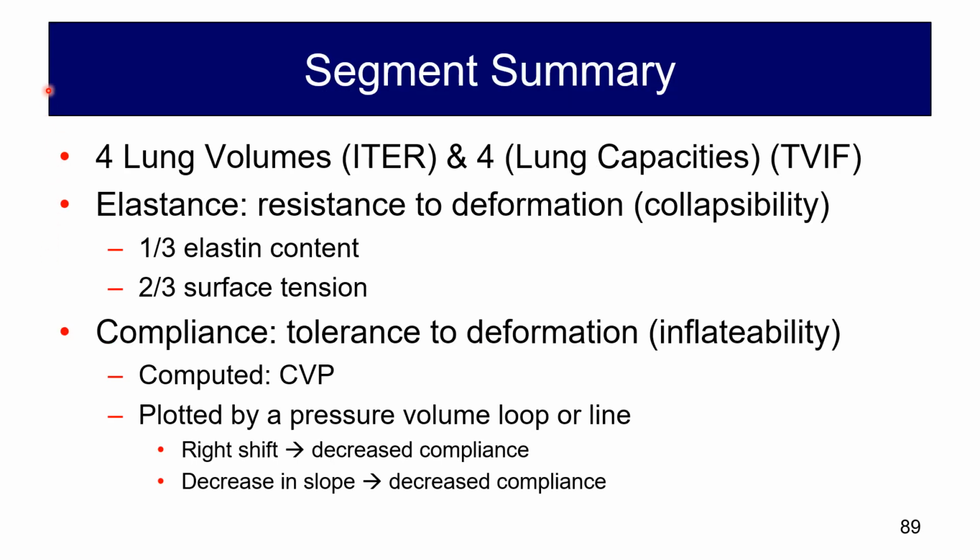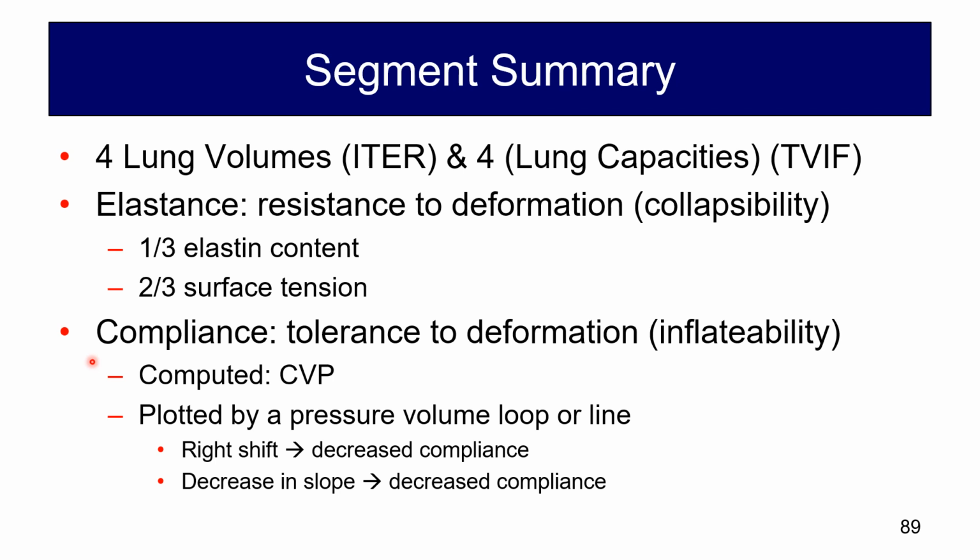So let us summarize things at this point. There are four lung volumes. The mnemonic is ITER, and there are four lung capacities. It's TBIF. Elastance is resistance to deformation, or as far as the lungs are concerned, collapsibility. It is due to 1/3 elastin content and 2/3 surface tension.